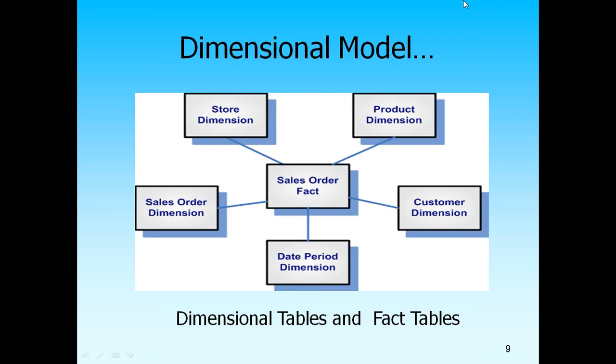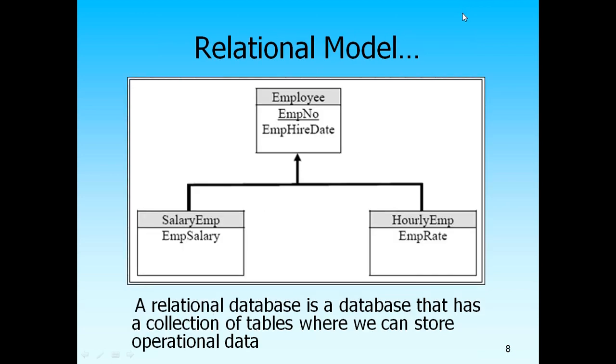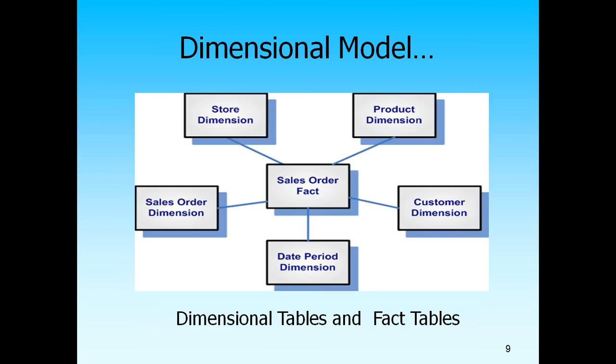If you compare these joins in a relational model, you might have 9 tables here. But we reduce the number of joins by maintaining data in 3 tables.